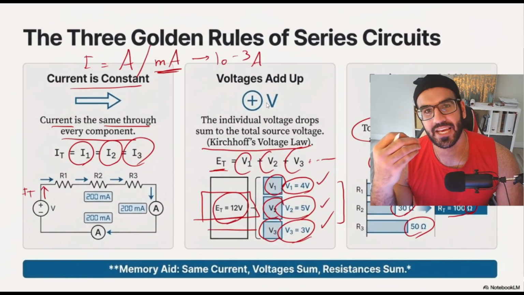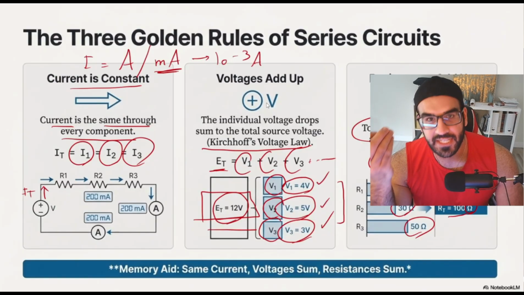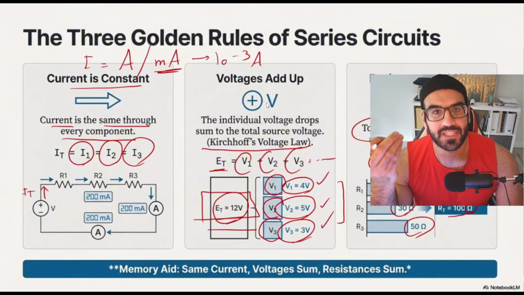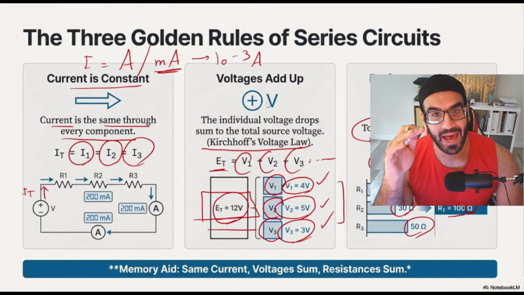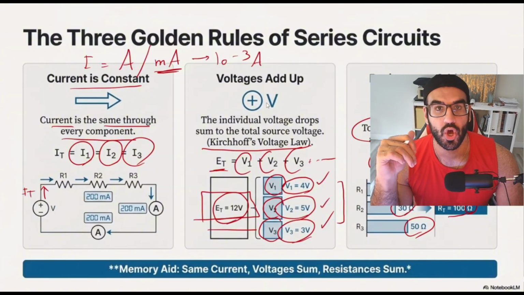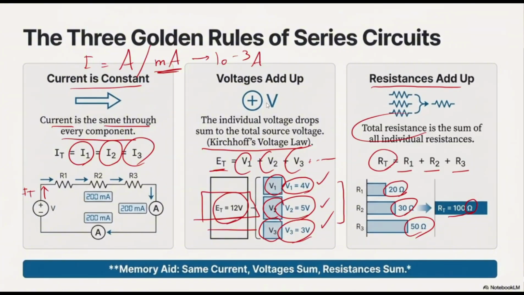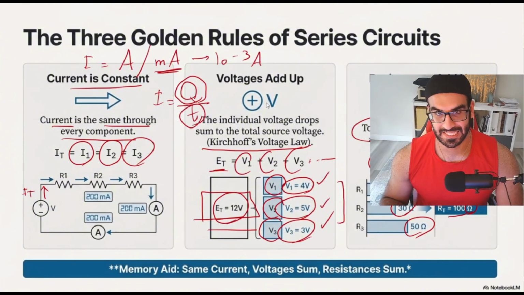How can I define the current itself? Current means the total charge, or total Q, that passes through over time. Or I can say I equals Q divided by T. Q was the charge related to electrons, and T is time, which most of the time we use as seconds.